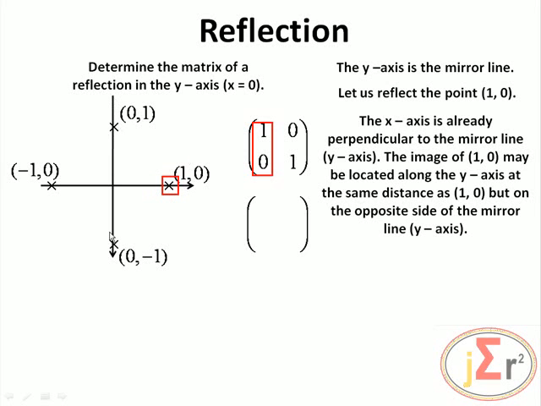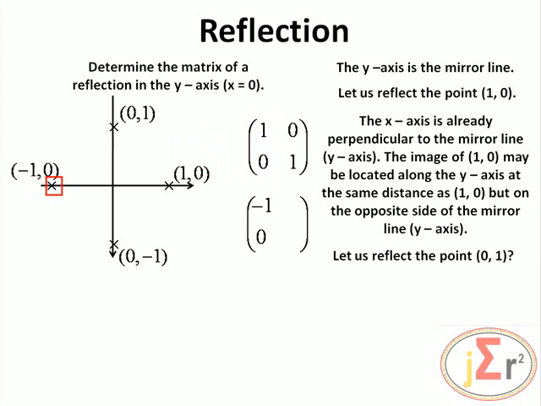It is perpendicular to the axis, and we need to go right across there, and the point that we have here is a distance of 1 unit from the origin. So the one that we have over here is 1 unit from the origin also. So let's see what its image is. No doubt, (-1, 0).